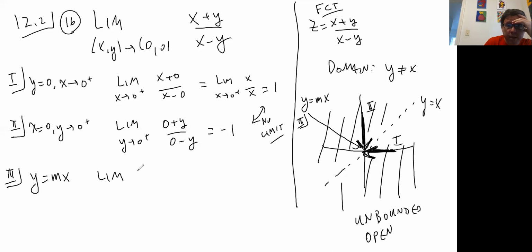I get x plus mx over x minus mx. We know something's going to 0. But the point is what do we have here? All the x's can be canceled out, and we get 1 plus m over 1 minus m. So the answer is going to be 1 plus m over 1 minus m.